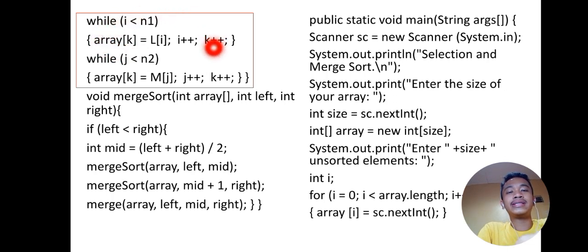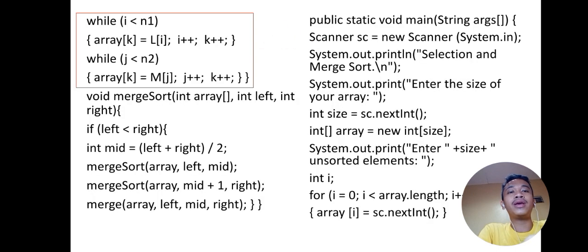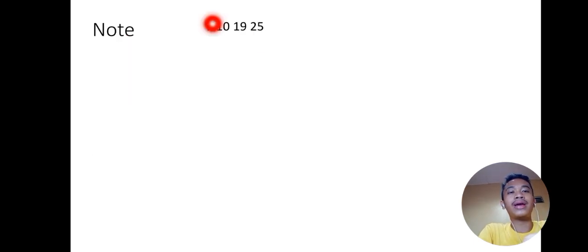So these two whiles, for i and j, our left subarray and our right subarray, will only copy the remaining values, that would be the 19 and 25. It will copy to our initial array. So that would be like this: 7, 10, and 19, 25. So our initial array has a value of 7, 10, 19, and 25.